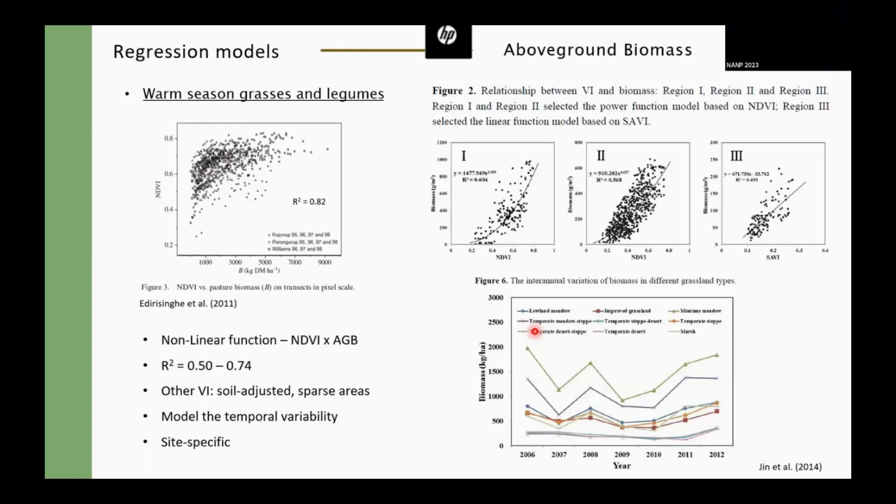Indeed, it works well with warm season grasses and legumes, but in a non-linear function, basically because the NDVI saturates above 2.5 leaf area index. Those regression models have a precision between 50 and 70%.